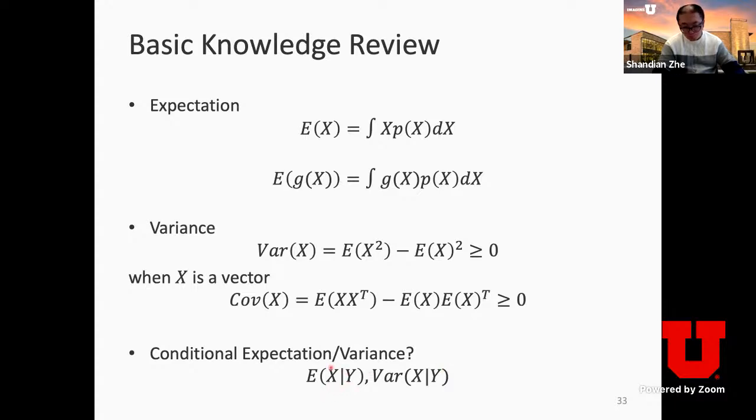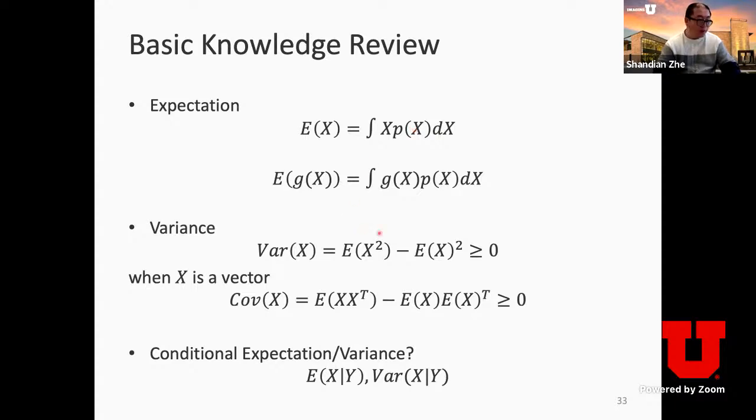If we calculate conditional expectation, then we should replace the probability density here by the conditional density, namely P of x given y. And similarly, when we calculate conditional variance, those expectations are all under the conditional distribution, the conditional density.